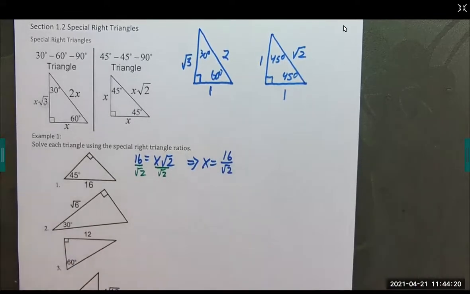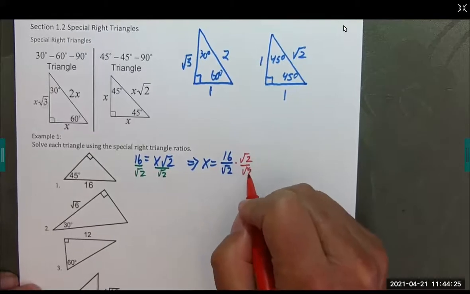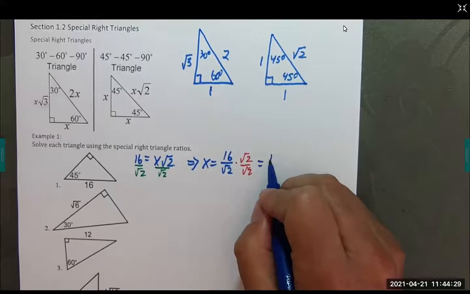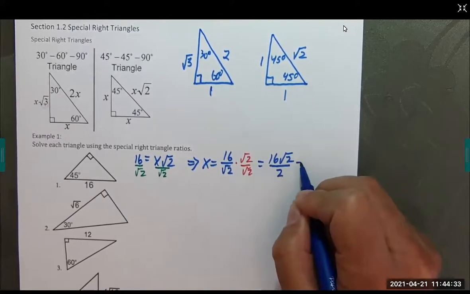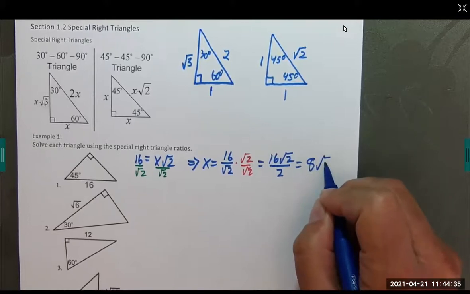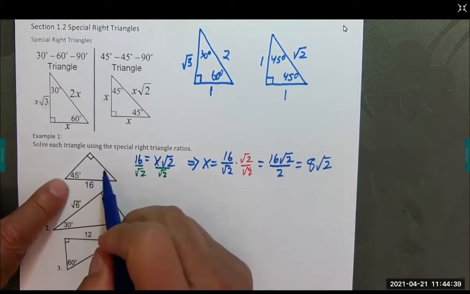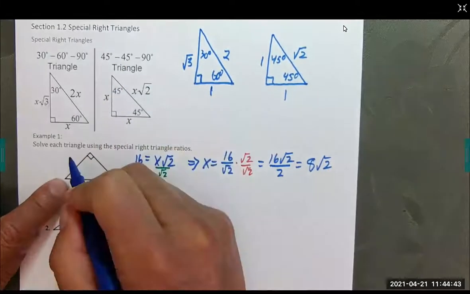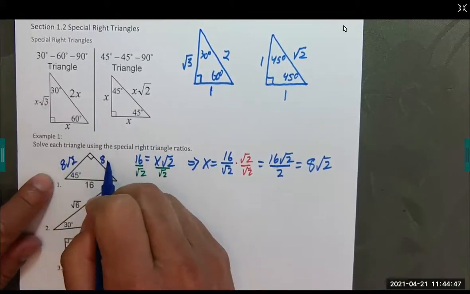If we rationalize that, we get 16 root 2 over 2, which is just 8 root 2. So that's x. And if you remember, x is the length of the two legs that make up the right angle. So that makes this 8 root 2, and this side also 8 root 2.